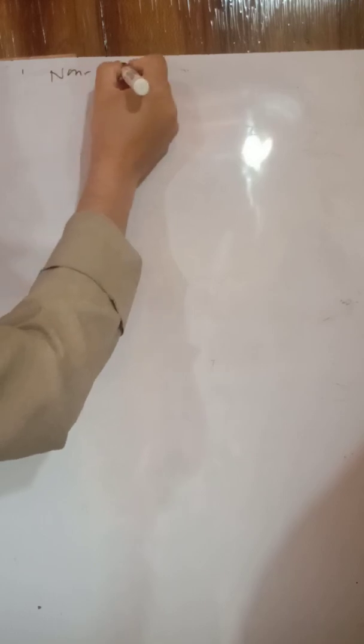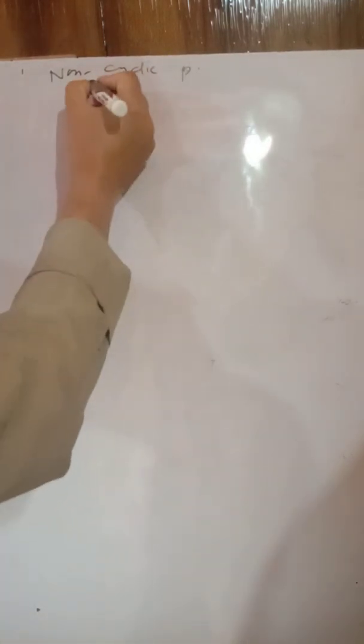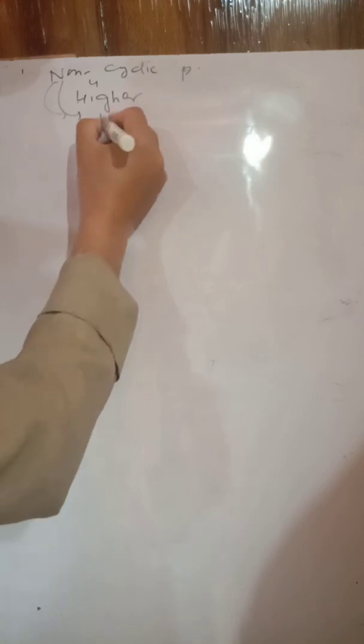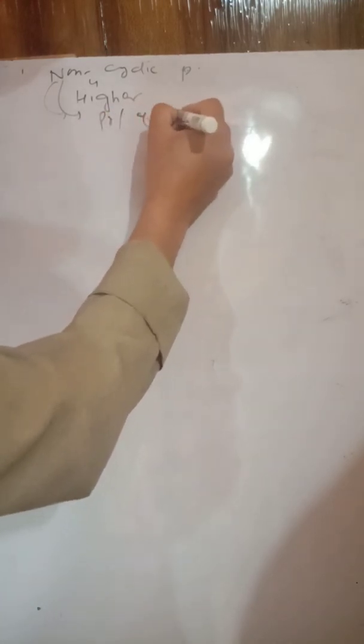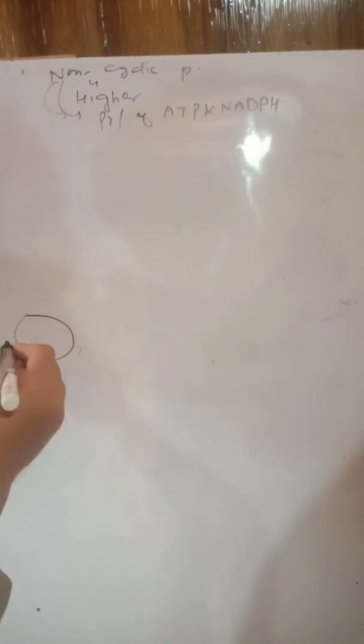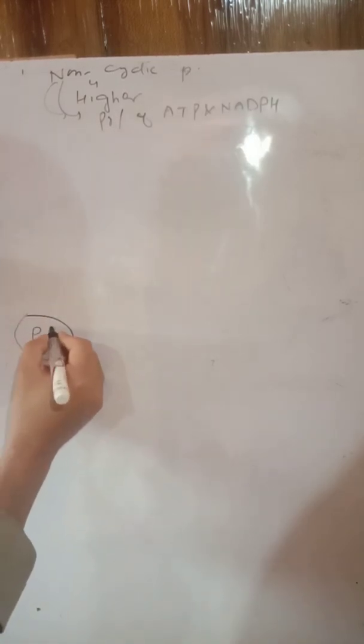Number second is non-cyclic photophosphorylation. This occurs in higher plants, and in this type of electron transfer there occurs synthesis of both ATP and NADPH. First of all, it is pigment system second, P680.